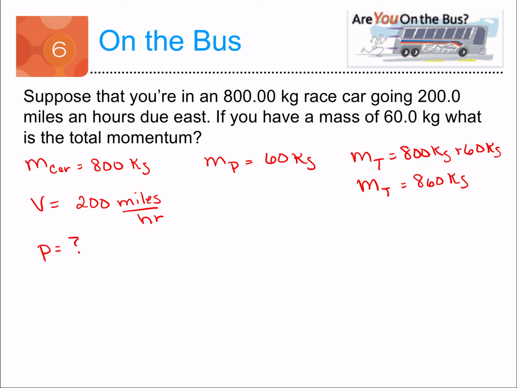Now we know momentum has to have the units kilograms meters per second, but we're given our velocity in miles per hour. So that tells us right there that we have to convert. So we look on our conversion table and we see that in 1 mile we have 5,280 feet.